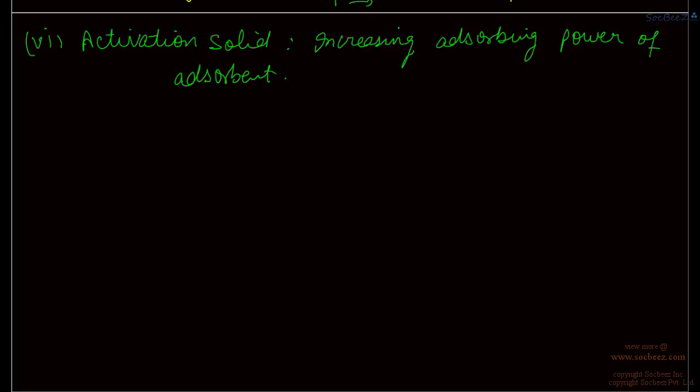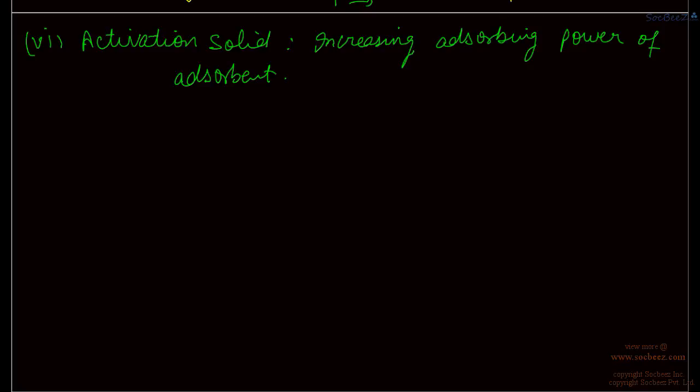That is why we use a term like activated charcoal, that is, the activated solid. This is increased by increasing the specific area, either by making the surface rough or by breaking the solid into smaller parts.